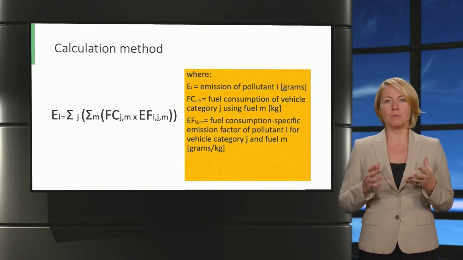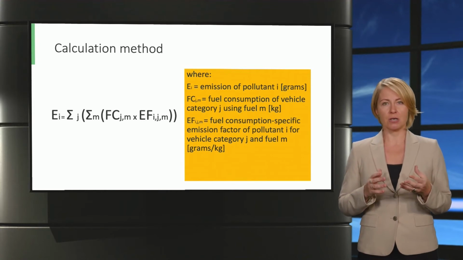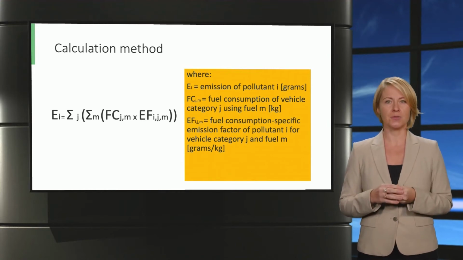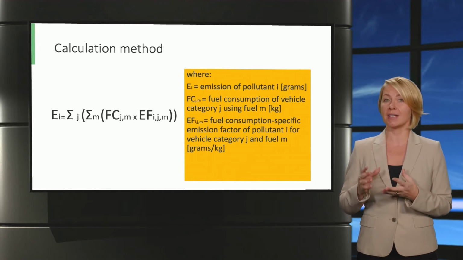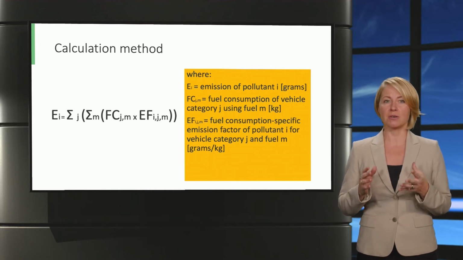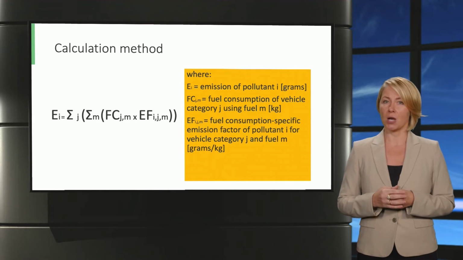In essence, you multiply fuel specific emission factor of pollutant by the amount of fuel used by a vehicle of a certain category to arrive at the amount of pollutant emitted in a particular process.